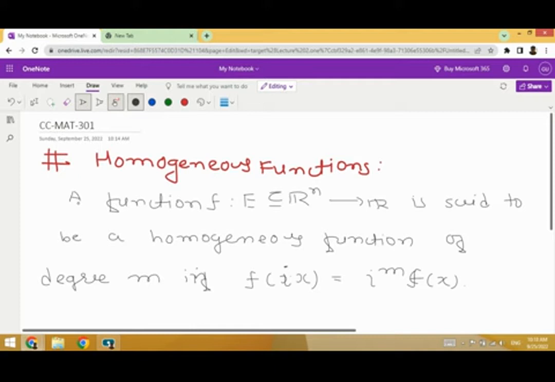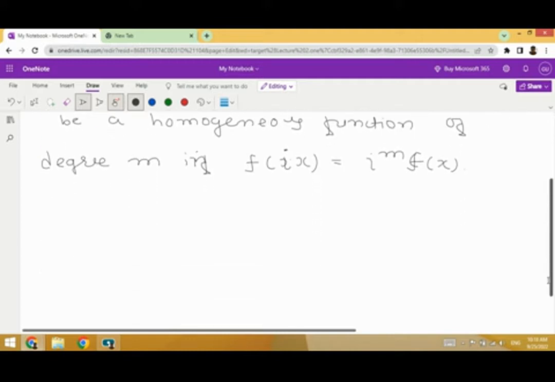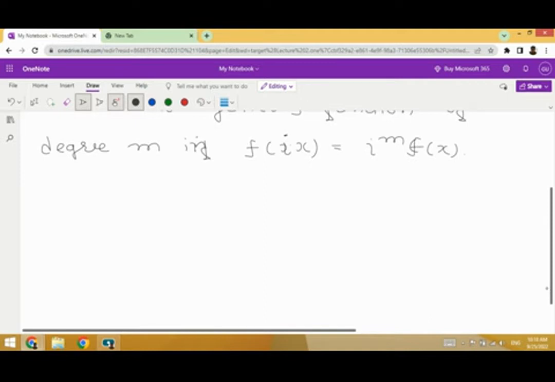That is known as the homogeneous function of degree m. So let us consider an example for our better understanding.